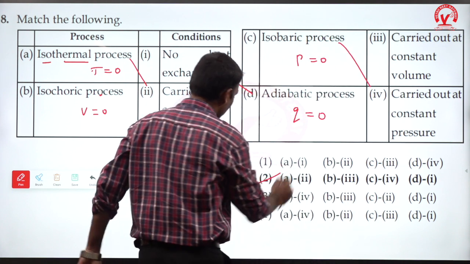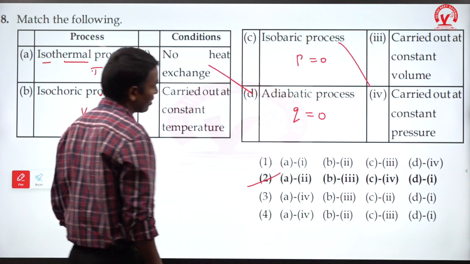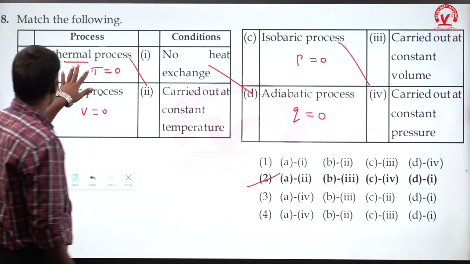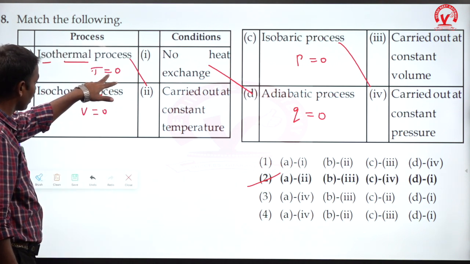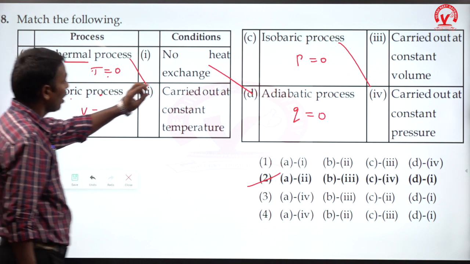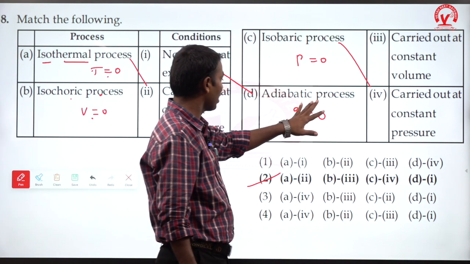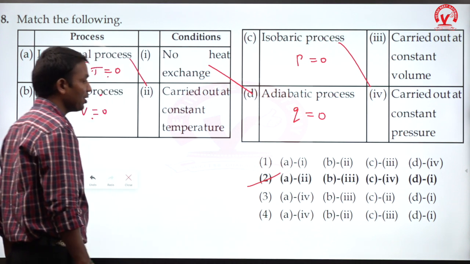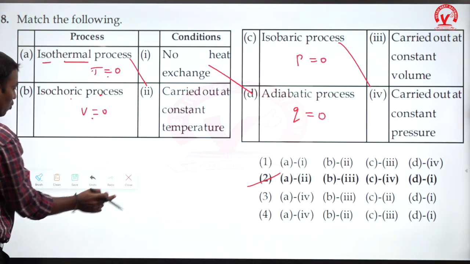Then option 2 is the correct answer. So isothermal process means ΔT is equal to 0, the process happening at constant temperature. Isochoric process, ΔV is equal to 0, isobaric process, ΔP is equal to 0, adiabatic process, Q is equal to 0, right? Then move on to the next question.